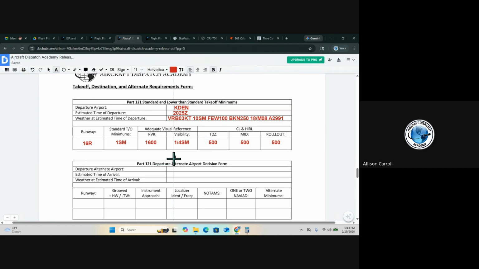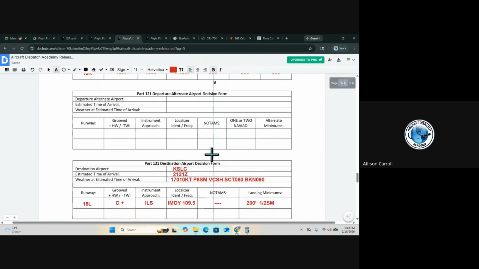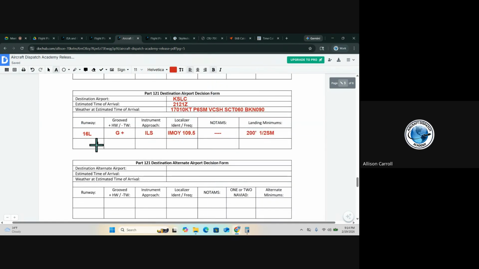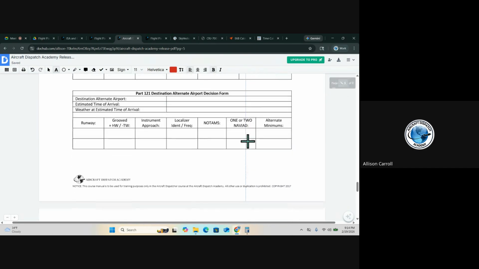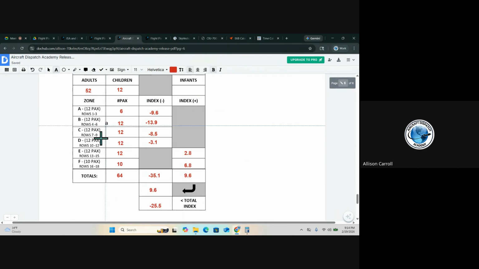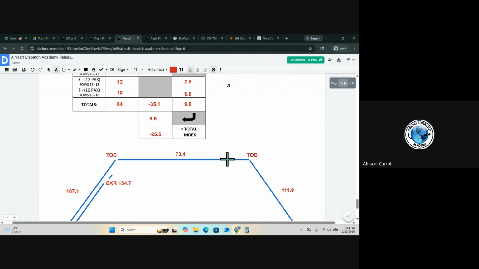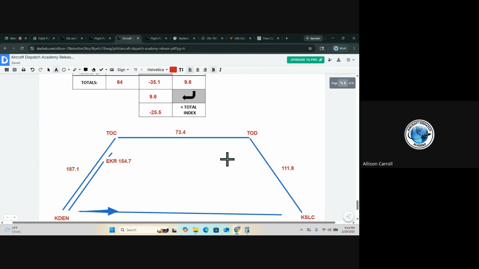More details about Denver and the runway that we are going to use with the takeoff minimums. And then also Salt Lake with the runway we're going to use with the specific approach that we're planning on. And then, of course, our pin chart to figure out our index for our passengers. Okay?